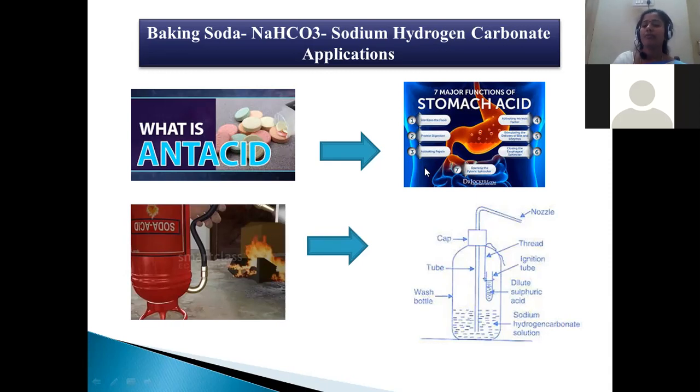Everybody is most familiar that in our gastric region there is a secretion of hydrochloric acid. It is very essential for augmenting the food digestion process, and is also used for the secretion of pepsin, which is very essential for protein digestion.